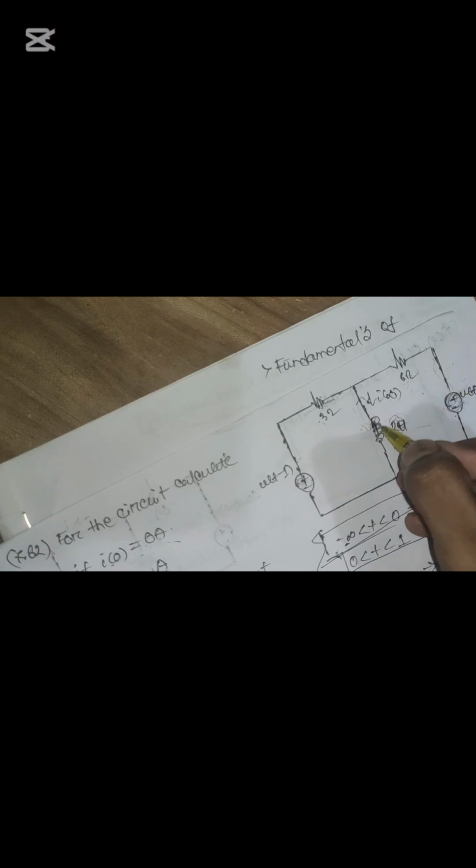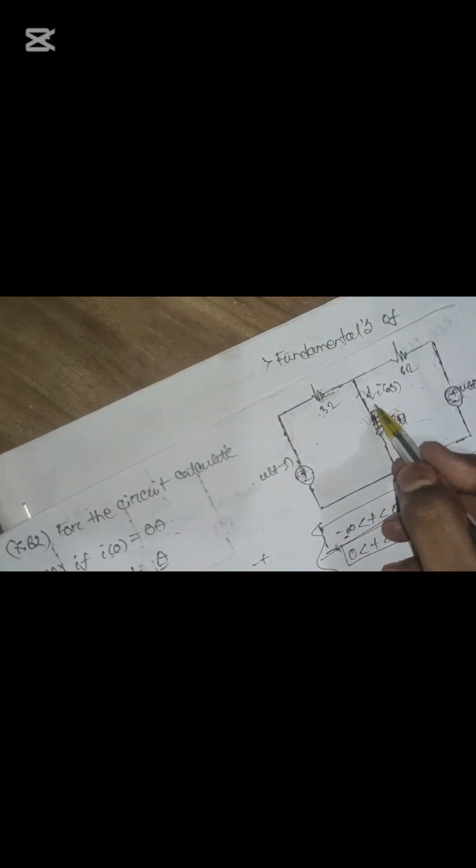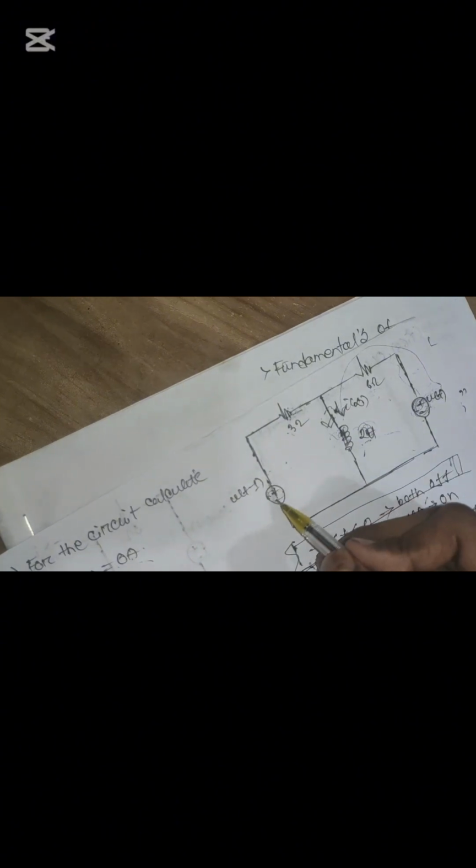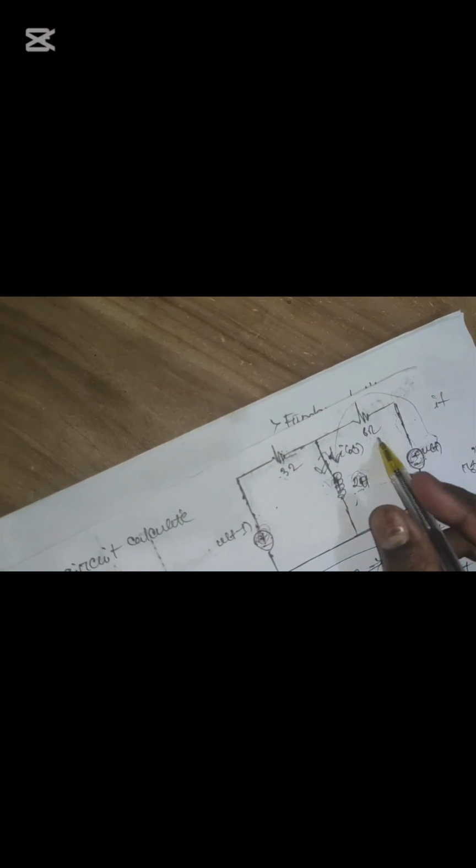There will be one current through this and one current through this. For this voltage source there will be current 1 by 3, and for this voltage source the current through the inductor will be 1 by 6. So the value will be 1 by 6 plus 1 by 2 ampere.